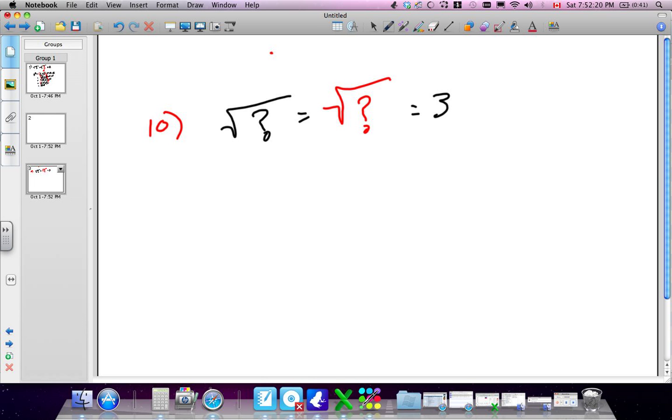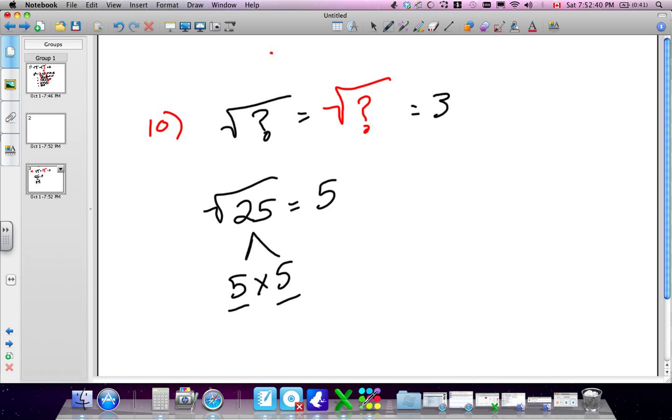So 5 times 5 is 25. So the square root of 25 is the number 5. Okay? For instance, if we have the number 100, we find the square root of it. What number times itself equals 100? 10, that's right. So square root of 100 is 10.